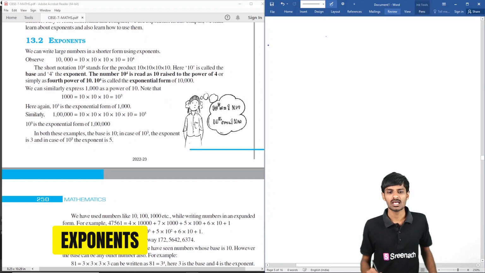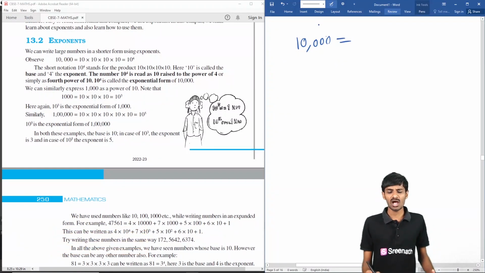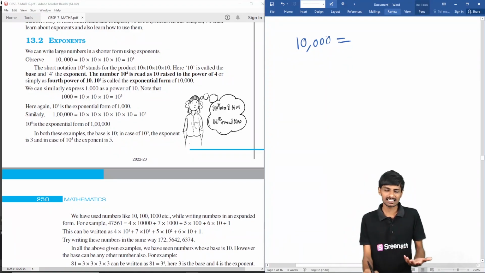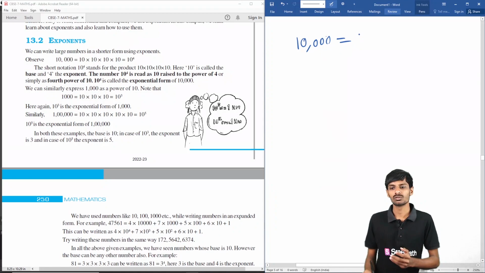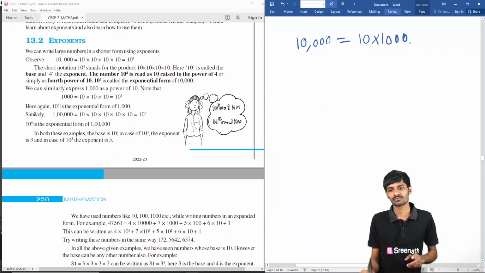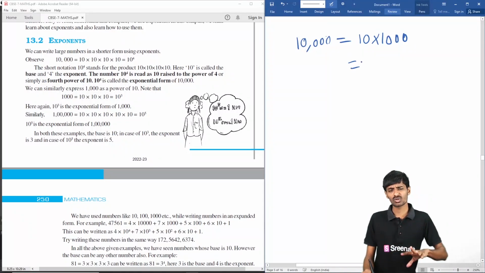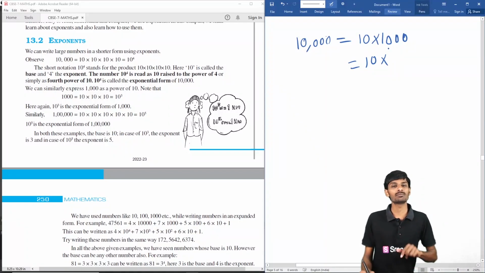Okay, students. Suppose you have 10,000, how can it be represented in a simpler form? If you multiply 10 with 1,000, it gives 10,000. What is the other form? 10 into 1,000 means, if you multiply 100 by 10, it is 1,000. 10 hundreds is 1,000.